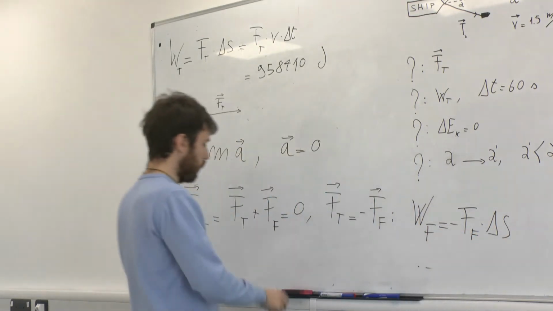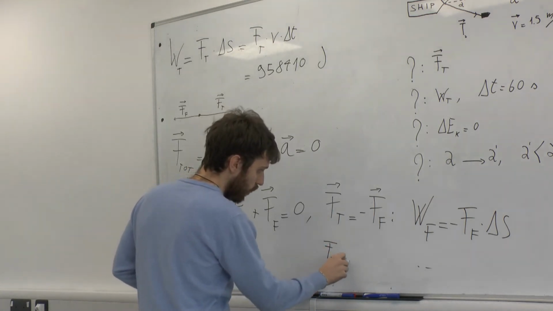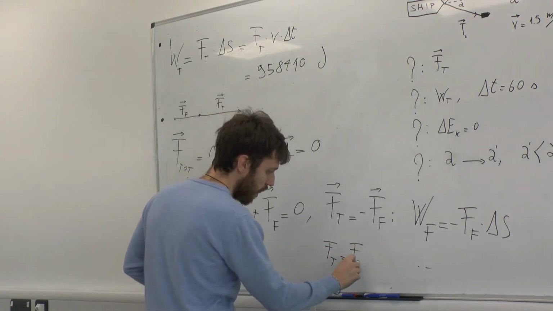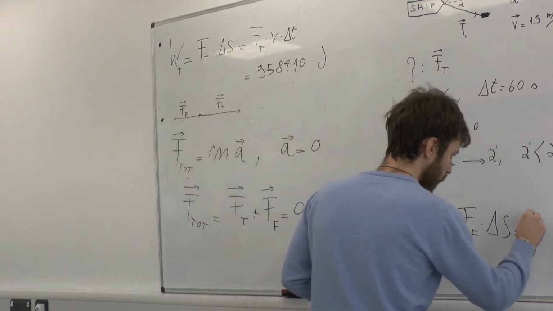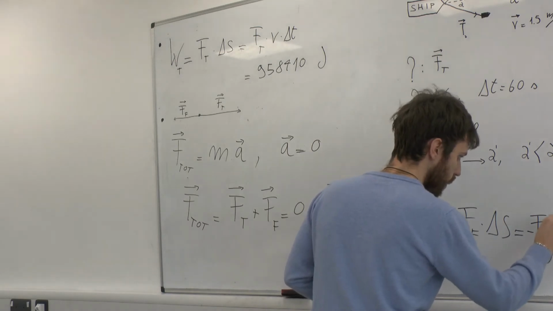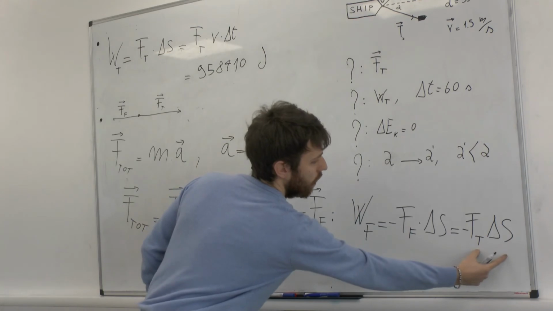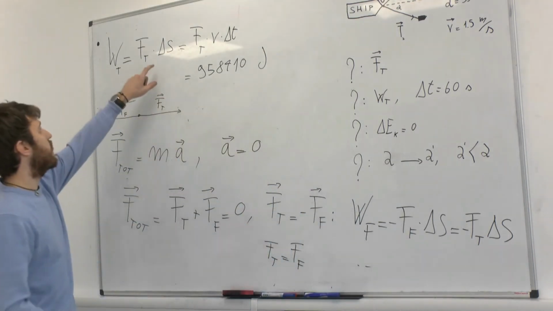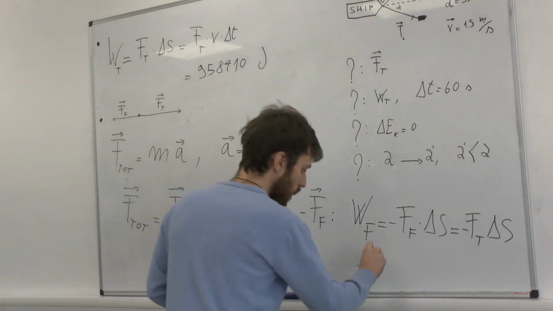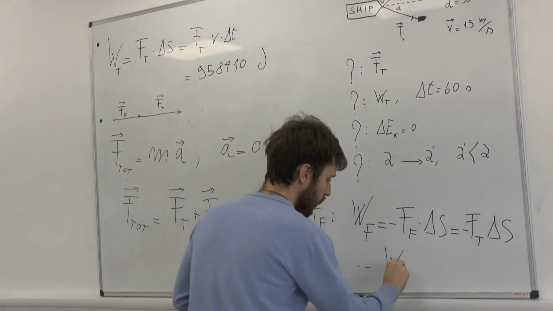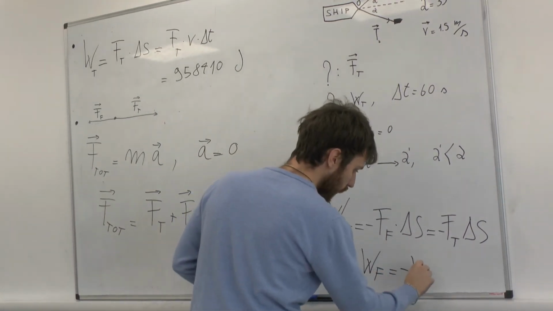But if we use the fact that the modulus of Ft is equal to the modulus of Ff, this is just minus Ft delta s, where Ft delta s is exactly the work done by the tension, by the pulling force. So the work done by the frictional force is opposite to the work done by the pulling force.